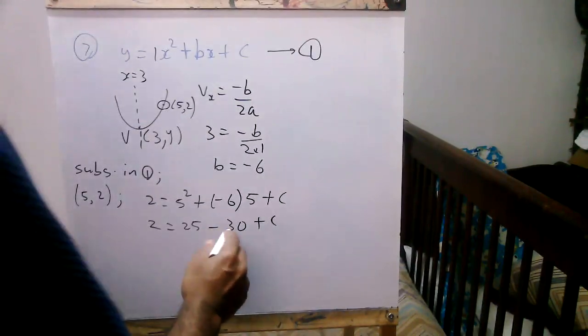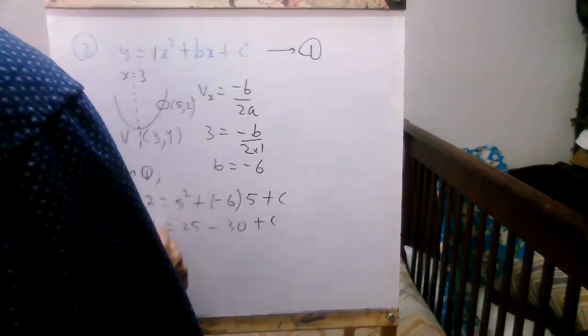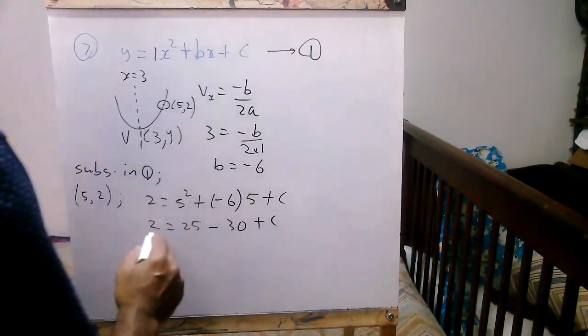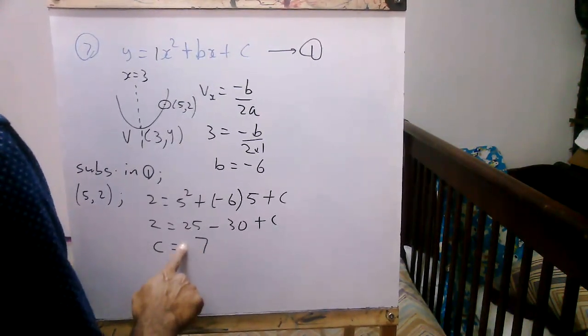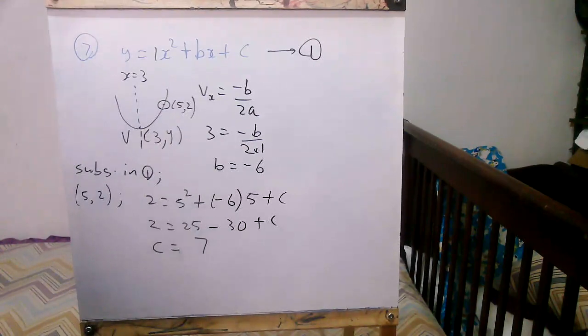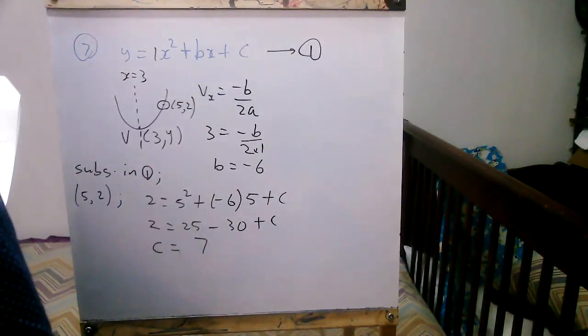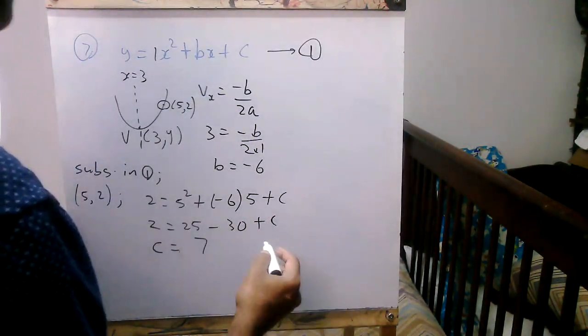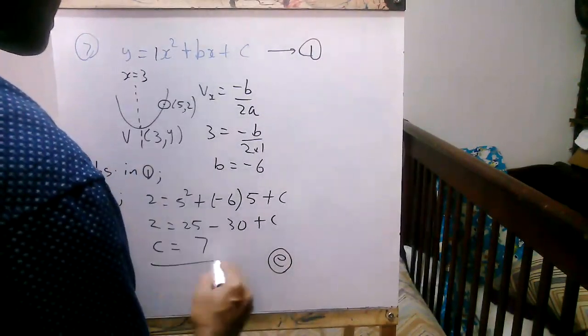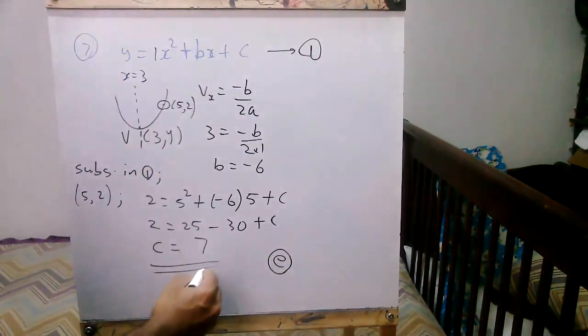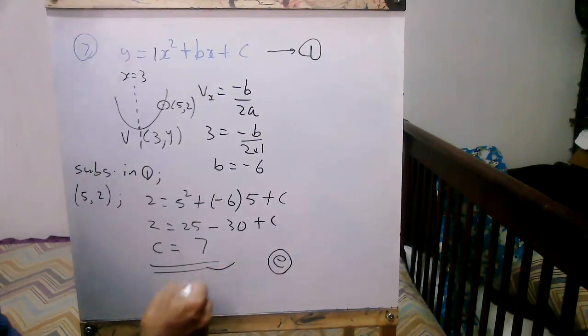This is negative 5, move to the other side, positive 5 plus 2 is 7. c equal to 7. Answer choice E. Right.